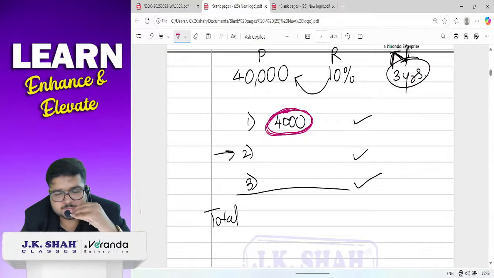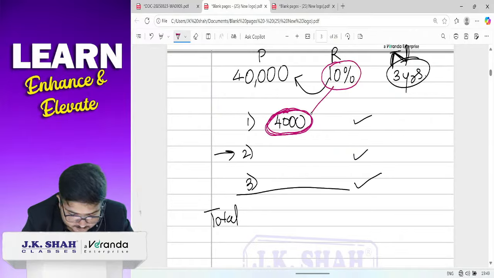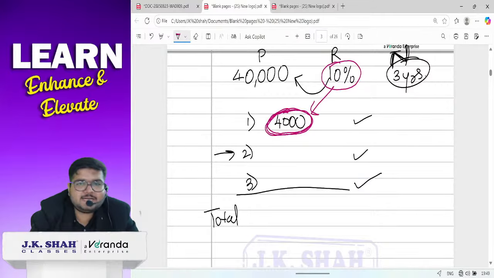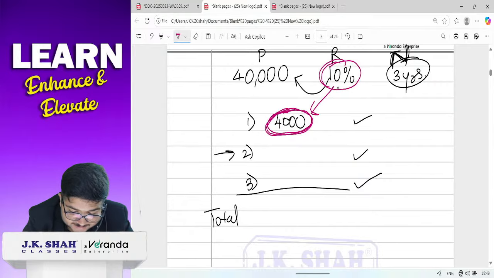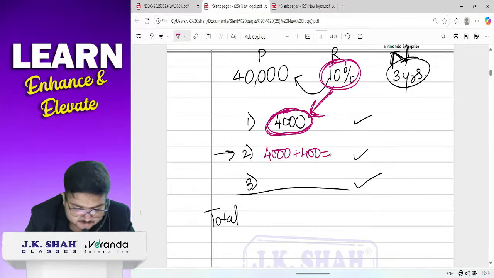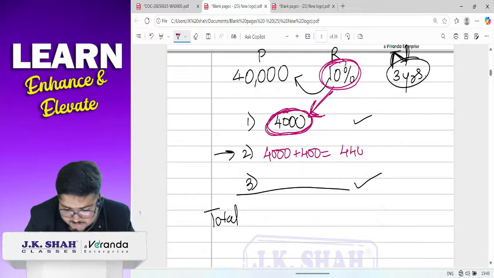Please pay attention. For the second year, you have to find 10% of 4,000 and you have to add that in the 4,000. So in 4,000 we will add 10% of 4,000, that is 400. So now the second year's compound interest is 4,400.